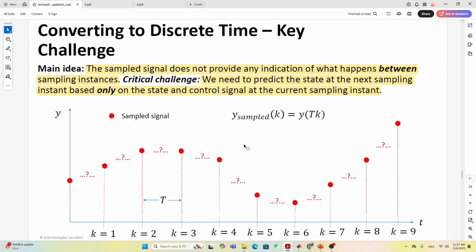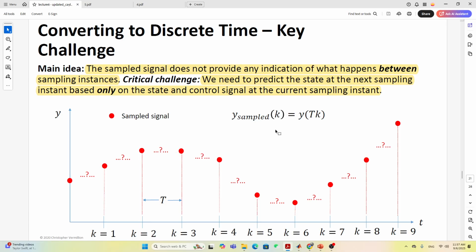As I just mentioned, the sampled signal doesn't provide any indication of what happens between sampling instants. So the challenge here is we need to predict the state at the next sampling time point based only on the state and the control signal at the current sampling instant.